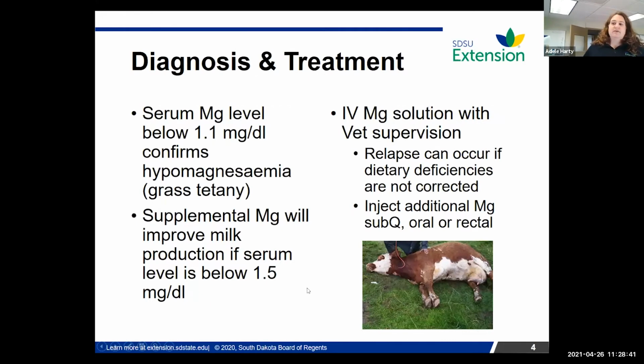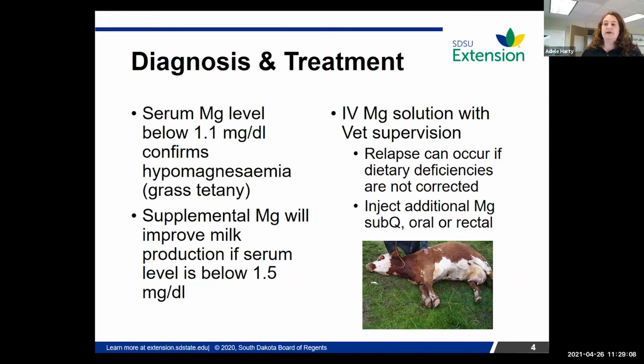So how do we diagnose and treat grass tetany? On the diagnosis side, you can actually take blood samples and get serum magnesium levels. The challenge is because it does progress so rapidly, you would need to take treatment action, and then you could send some samples in to see what level they were at.